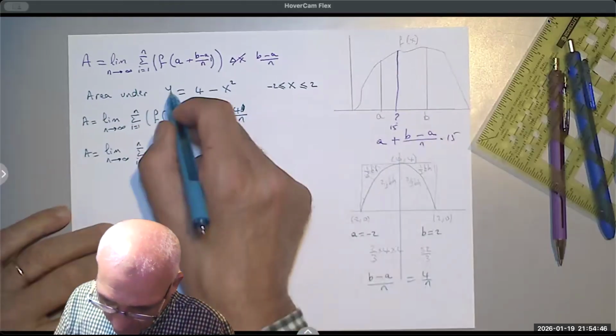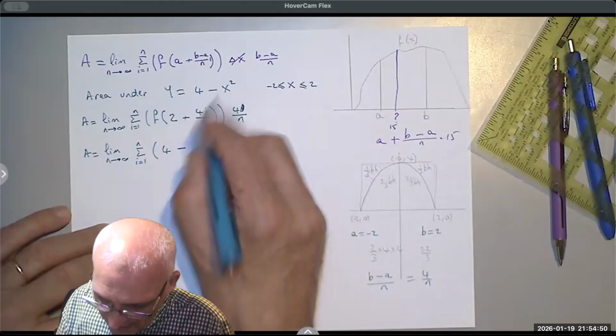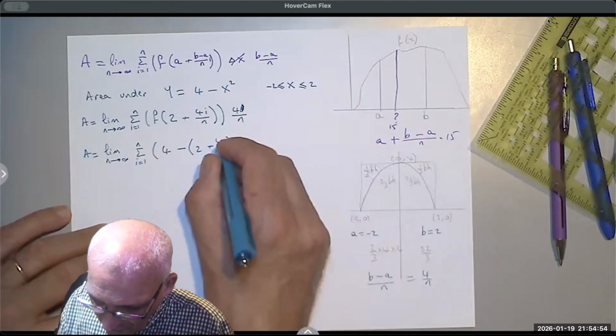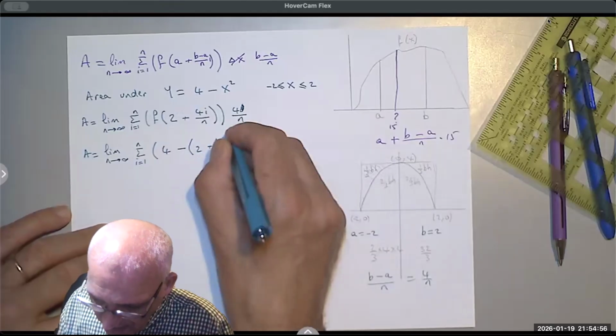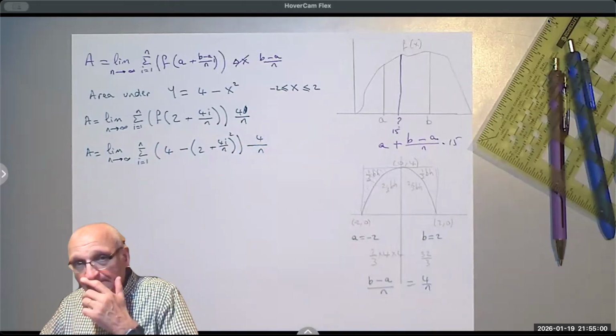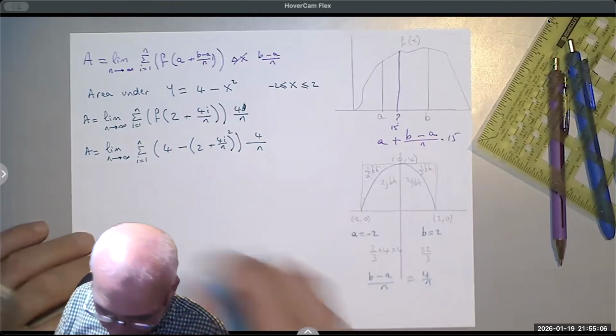So I have 4 minus, and then I have x squared. So instead of x squared, I'm going to write 2 plus 4I over n quantity squared. And this is multiplied by 4 over n. Nice? So far, so good?